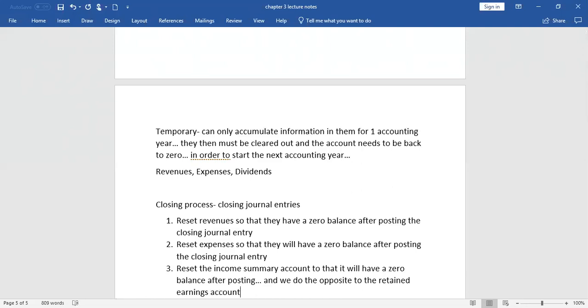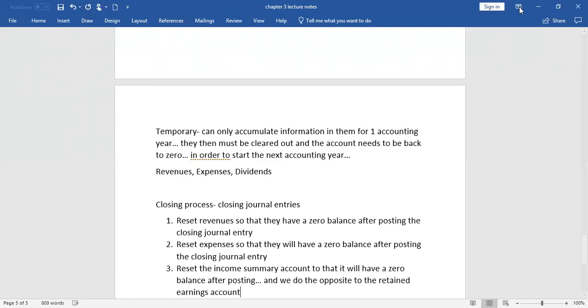And that's essentially what we're accomplishing here. So what I usually do is I find the balance in my income summary account right now. Let's see, there was a credit of $17,500 and a debit of $9,900. So right now, my income summary account has a $7,600 credit balance.